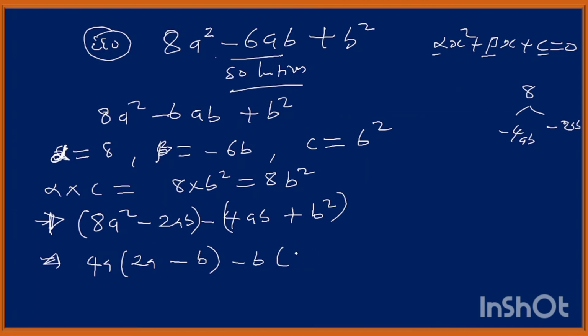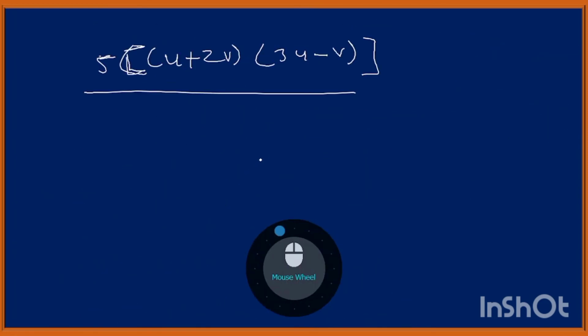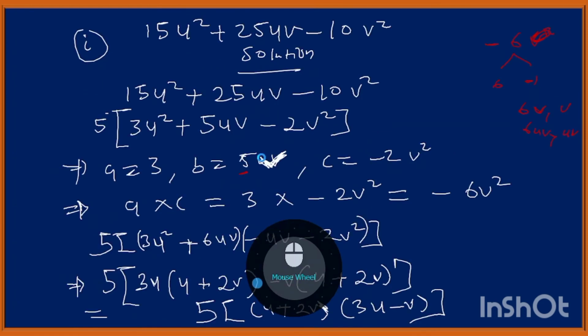So we have 2a minus b. As you can see, what is here and what is here is the same. So we are correct. So for our answer we pick one of it. So 2a minus b into 4a minus b. So that's our answer. So that is just the motivation for quadratic equation.